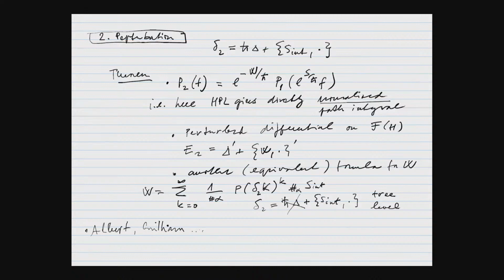And so you can compute the perturbed differential. Again, you take the formula from the homological perturbation lemma, and you find out that the perturbed differential will now be the Batalin-Vilkovisky delta on the cohomology plus the Hamiltonian vector field corresponding to the effective action.